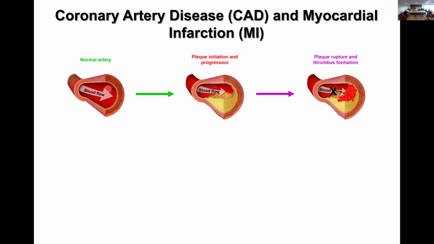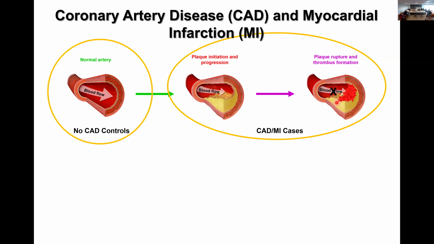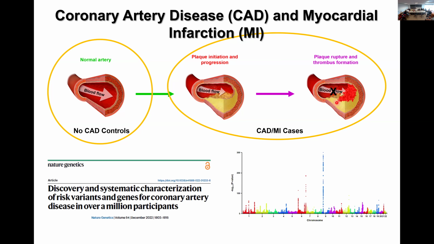The reason is that if you think about coronary disease, it starts off with a normal healthy vessel, you get plaque buildup, what we call plaque initiation and progression, and then ultimately you get plaque rupture. When people have done genetic case control studies for heart disease, like the one I showed you in the first few slides, they've taken people who have coronary disease but no history of MI and grouped them together with people who have had an MI, and called those two groups cases.